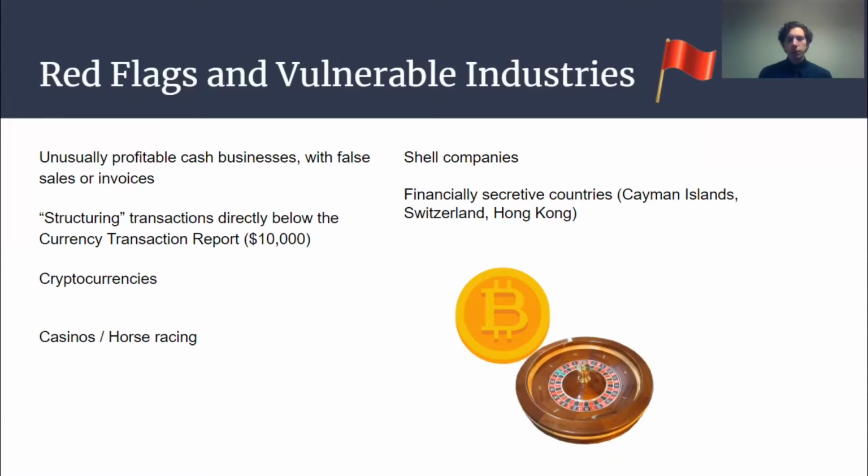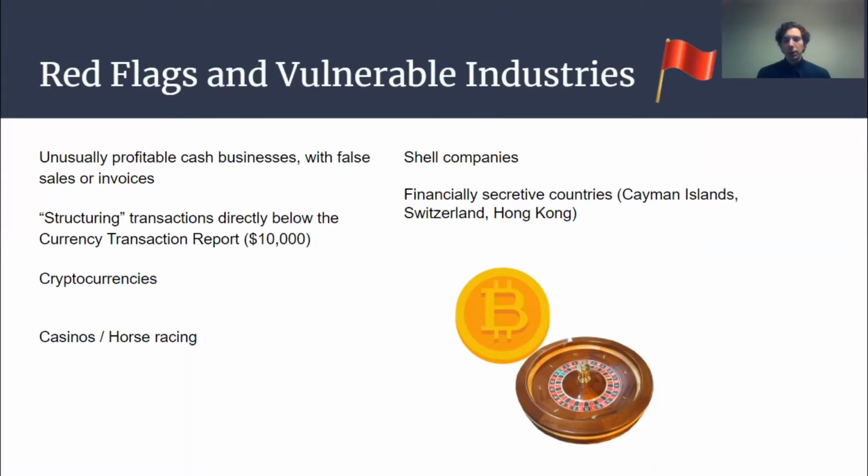Another thing we might look for are cryptocurrencies. Cryptocurrencies are things like Bitcoin that you might have heard about, and they're completely virtual. They don't actually exist, so they're very difficult to track, and they're designed to be anonymous. So it's very easy to pay for criminal products and services with virtual currency.